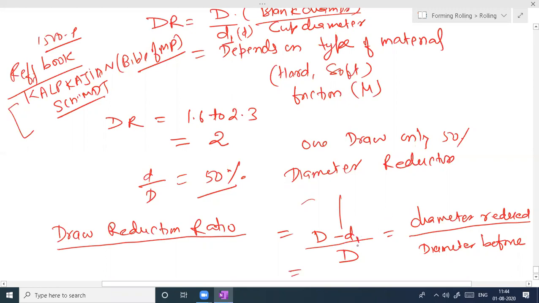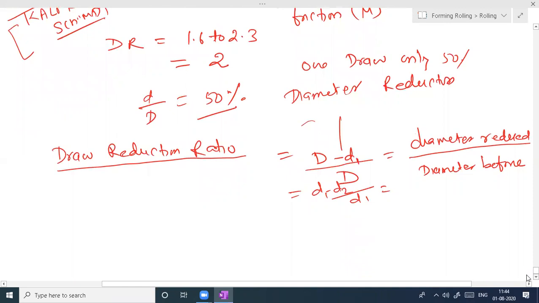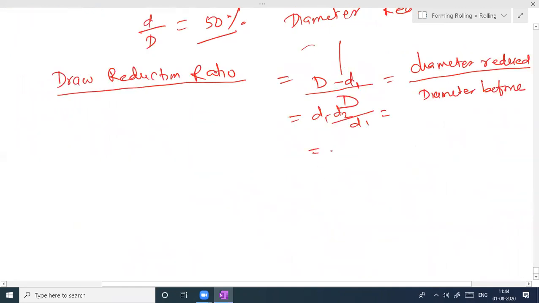But for the second draw, it will be d1 minus d2 by d1, because for the second draw, this d1 is your blank diameter.